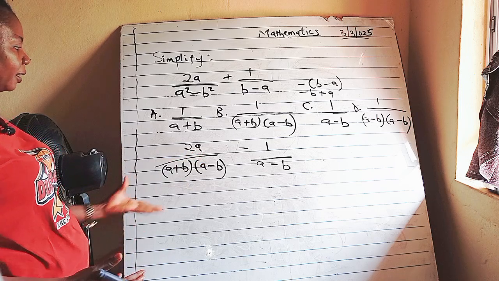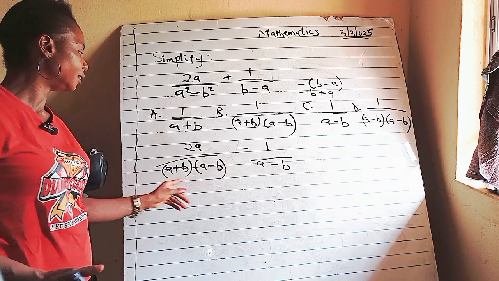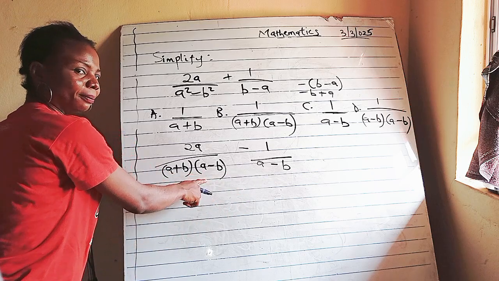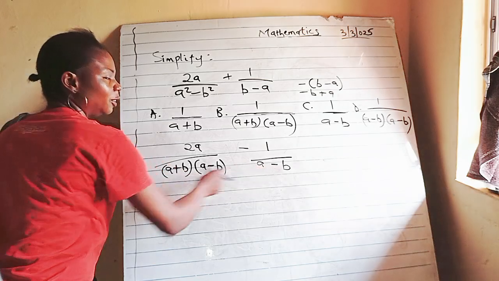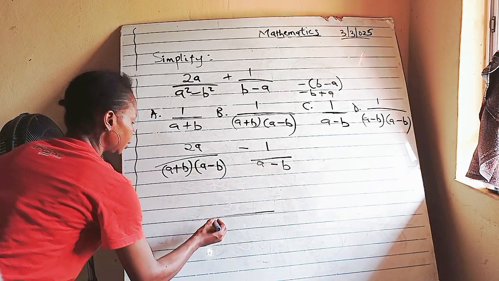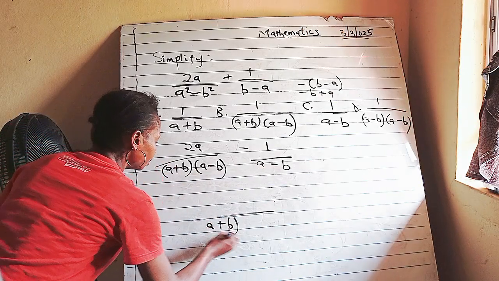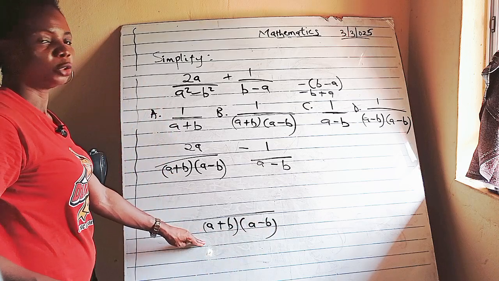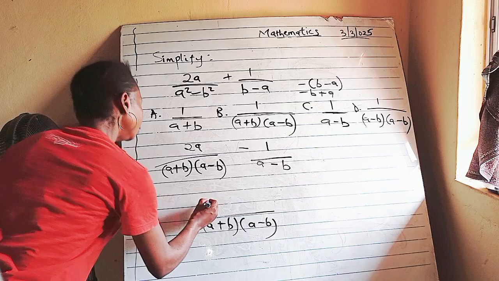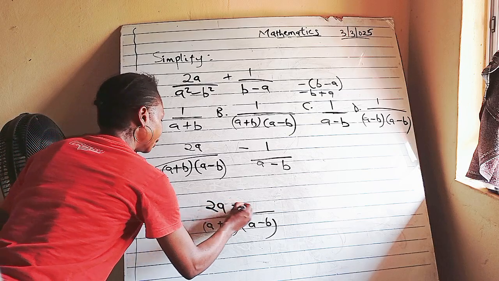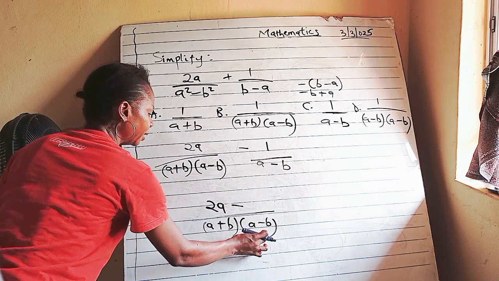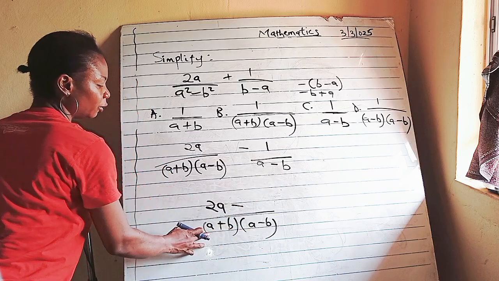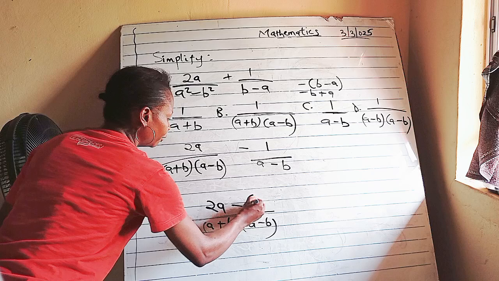At this point, we can simplify by getting the LCM of the denominators, since they are not the same. The LCM is (a plus b)(a minus b). Divide this by the first denominator, you have 1; 1 times 2a gives 2a. Then minus (a minus b), since dividing by a minus b leaves a plus b.